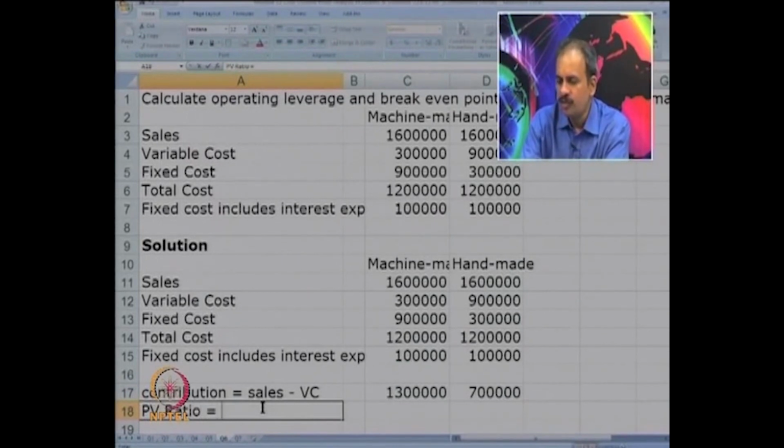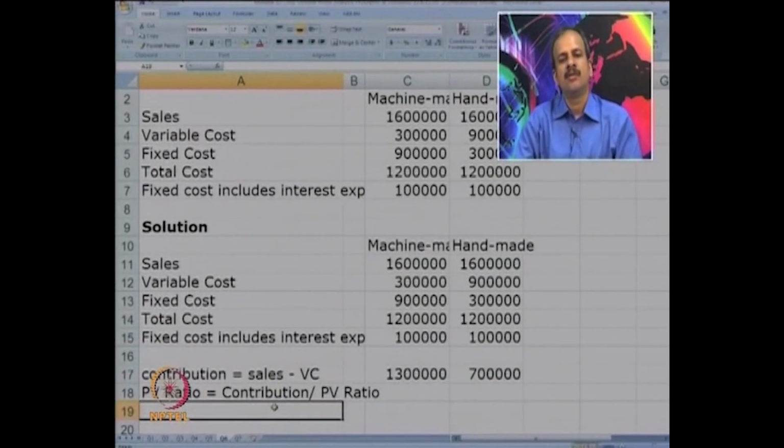PV ratio, what is the formula? It is contribution upon sales. We cannot use our formula fixed cost upon contribution per unit because we don't know per unit contribution.